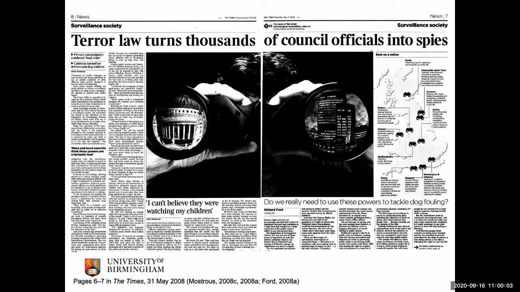We can see that, for example, surveillance society is actually given an entire double spread here in May 2008, and in combination with the graphics, there's a lot of concern that you can see here. So there's a lot of potential to also work with the images, which we, by the way, also have on the hard drive. We haven't done much with them yet, but we could. So we'd love to hear from you if you have ideas for that.